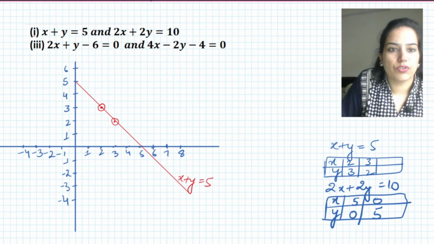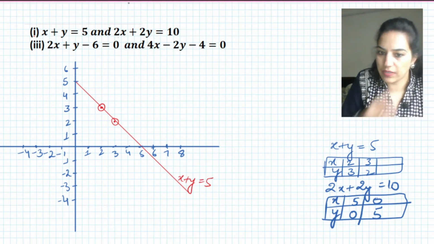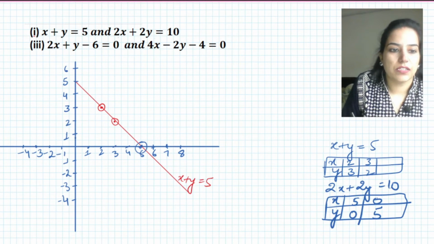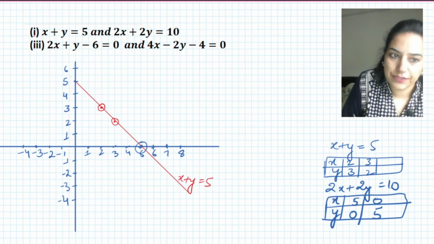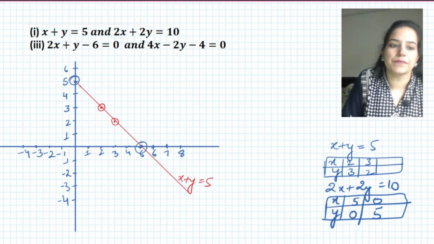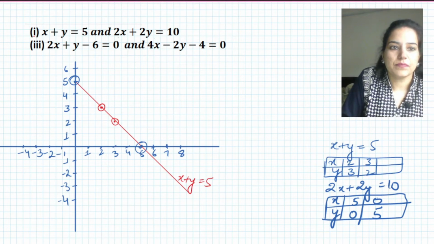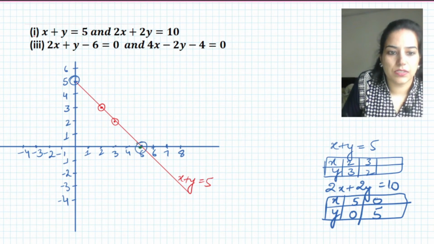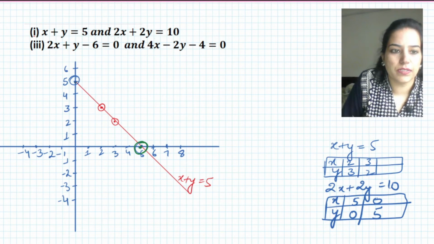Now the other one, I'll draw it with some other color. Now x is 5, y is 0. Okay, I can already see this point coming on this one. Another is 0 and 5. Oh great, this is also on this point already, right? And if I make it little green in color, so it's becoming visible, right?